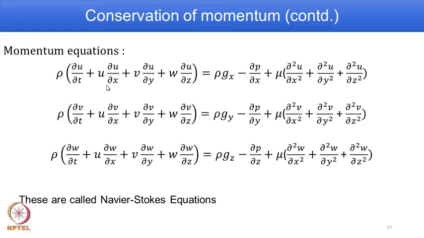And u into dou u by dou x, v into dou u by dou y plus w into dou u by dou z: those three terms in the x momentum equation, similarly three terms in the y momentum equation and three terms in the w momentum equation, are called convective acceleration, and if you put them together all the four terms will give you the total acceleration.